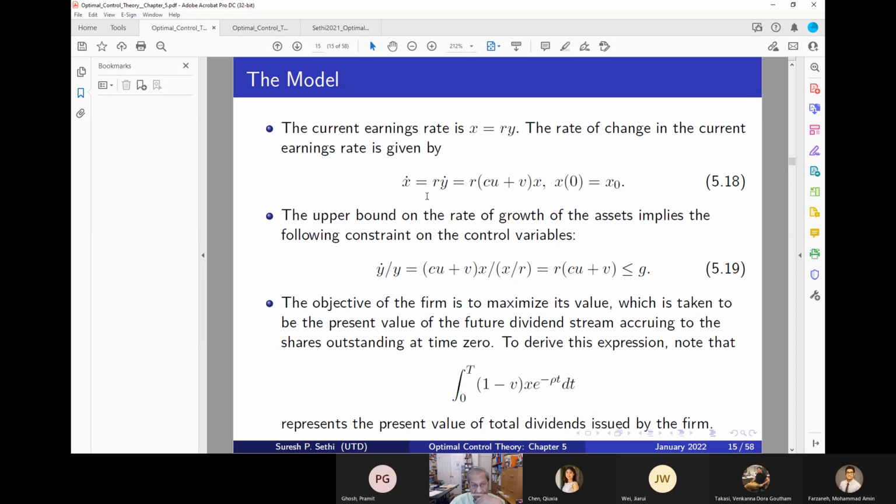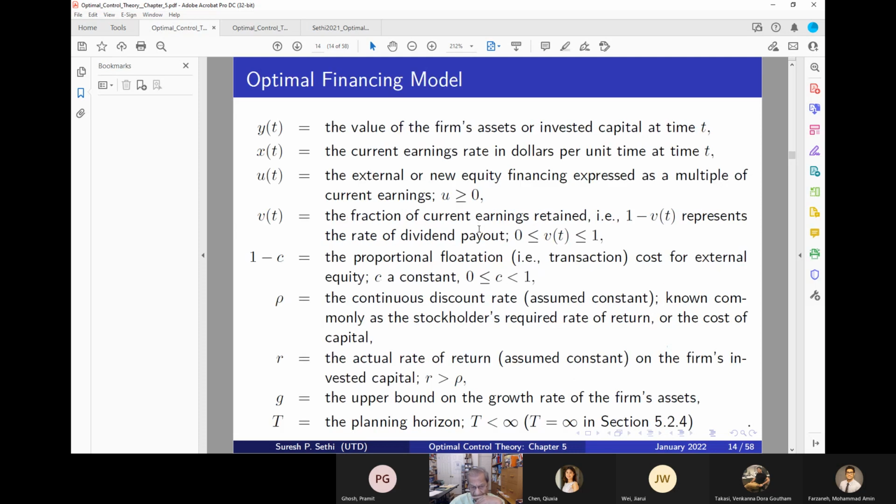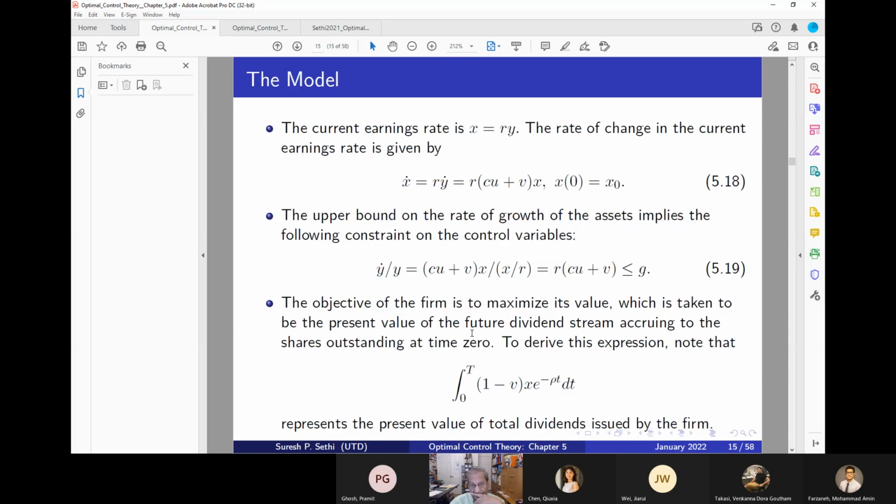What is Y dot? Y dot has an upper bound. It says my upper bound is G. So I need to write that in terms of mathematics.